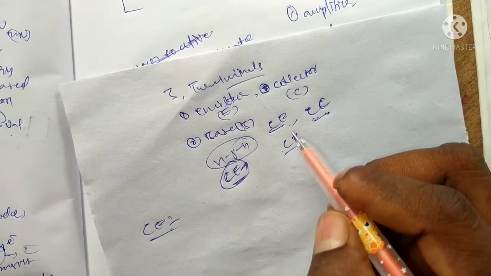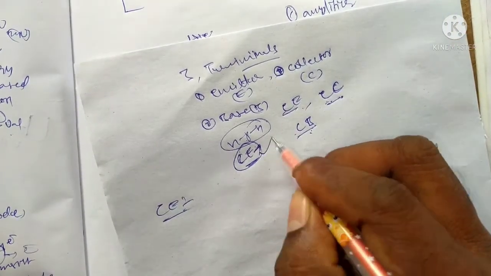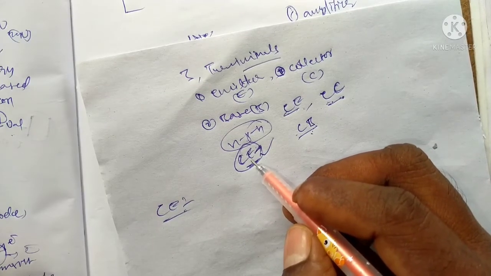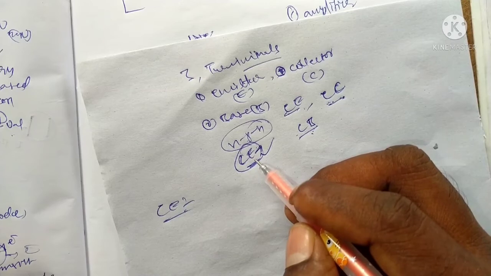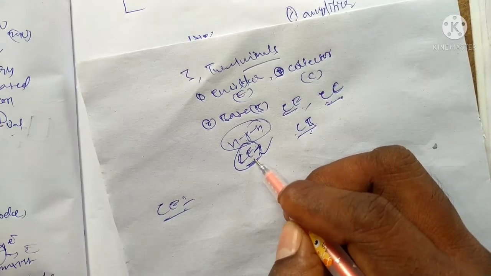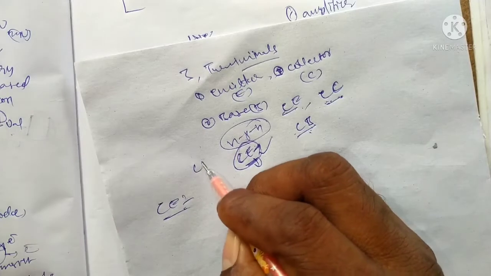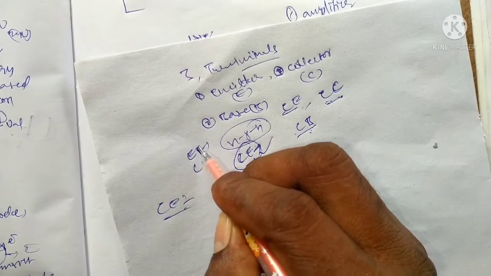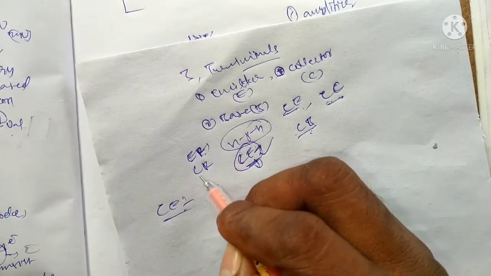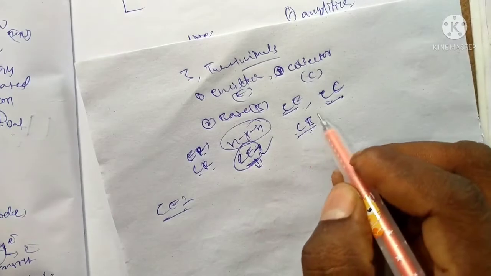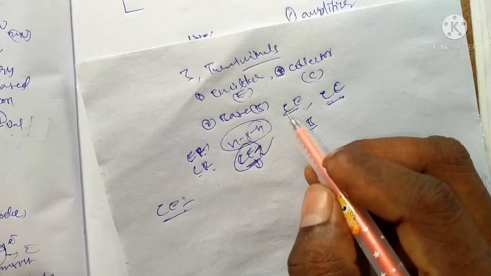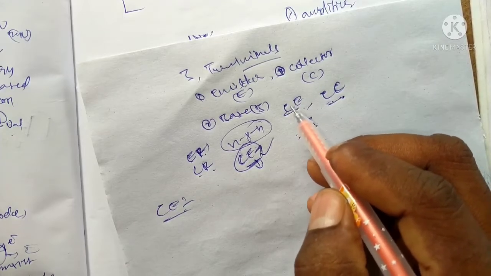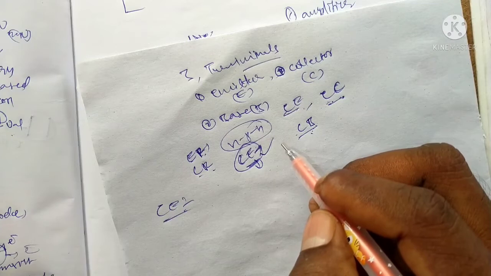Now the CE configuration has more advantages in the transistor, because the emitter is highly doped material with high mobile charge carriers. Here the emitter is forward biased, and the collector is reverse biased. That means the emitter is in the active state. It acts like a transformer and amplifier, that's why using the CE configuration is more useful.